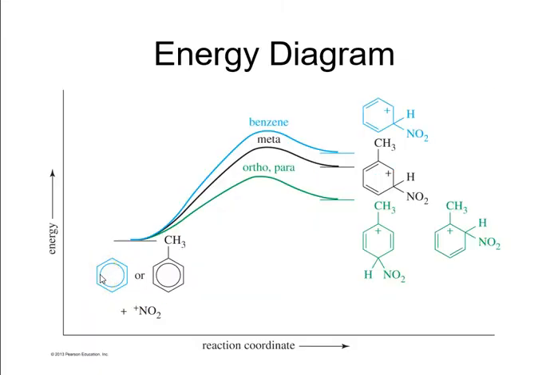This kind of shows the energy profile of it. If I were just to take benzene and nitrate it, this is the energy associated with that compound. Let's call that energy B for the benzene. The meta is a little bit more stabilizing. It has to do with the methyl group. But remember, you get all secondary carbocations, so that energy is right there.